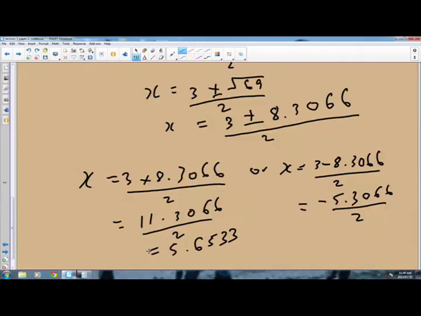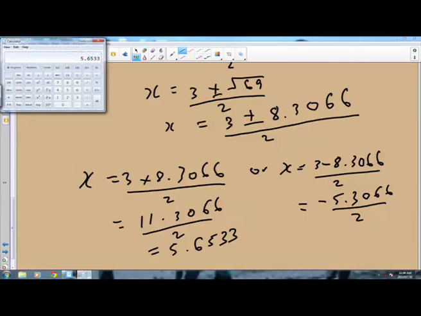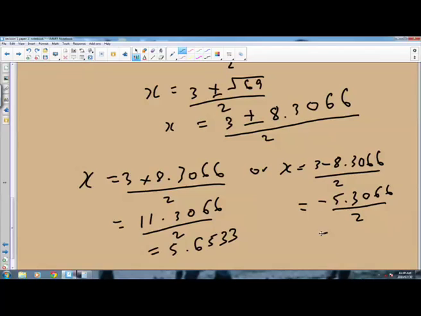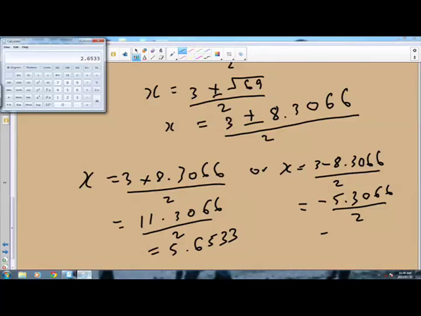And then what about negative 5.3066 divided by 2? It's a negative 2.6533.